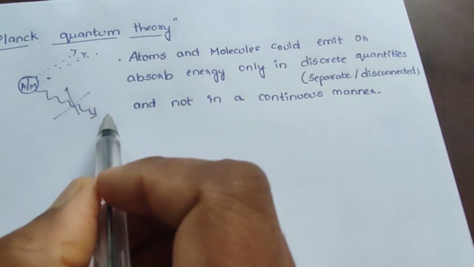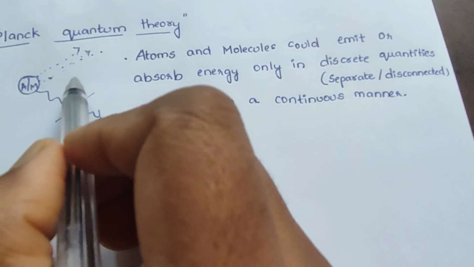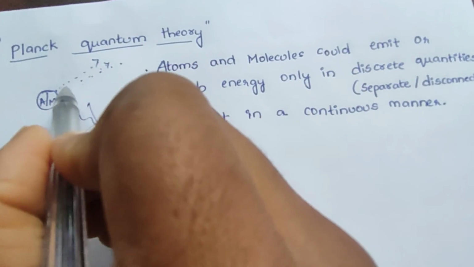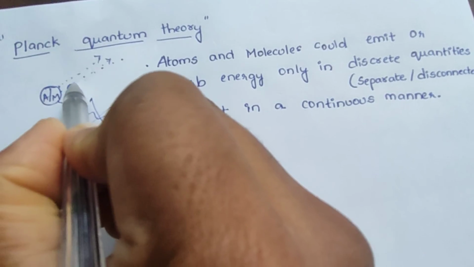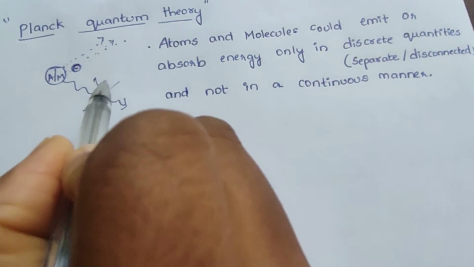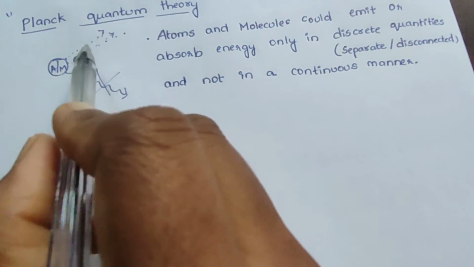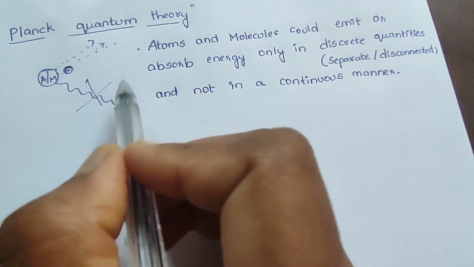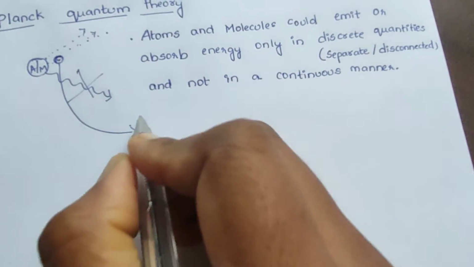This small amount of energy that can be emitted or absorbed in the form of electromagnetic radiation is known as quantum.